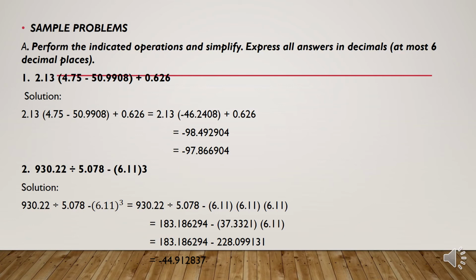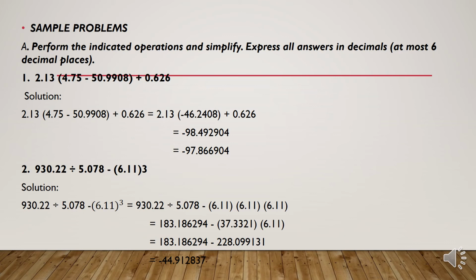Since we have parentheses here, let's start inside the parentheses with 4.75 minus 50.9908. So it will be 2.13 multiplied by negative 46.2408, since 4.75 minus 50.9908 is equal to negative 46.2408, and then plus 0.626.